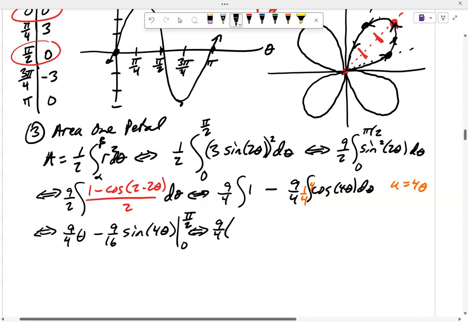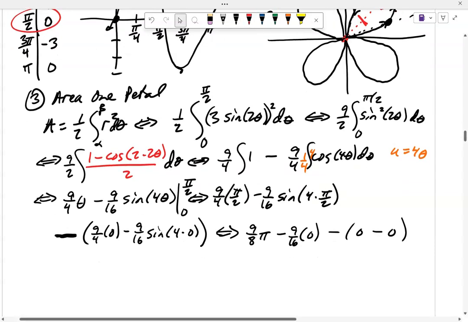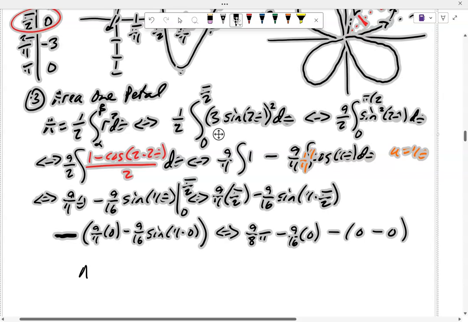So 9/4 pi halves, minus 9/16 sine of 4 times pi halves, minus, now I'm throwing in the 0. So it looks like we got just 9/8 pi, the area of one petal.